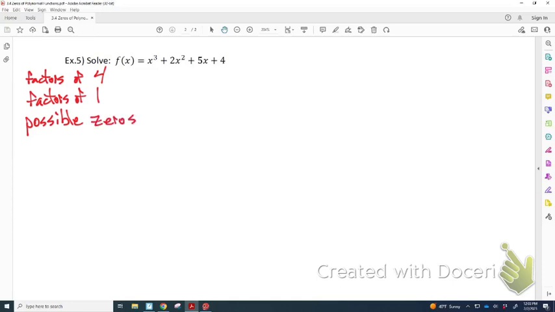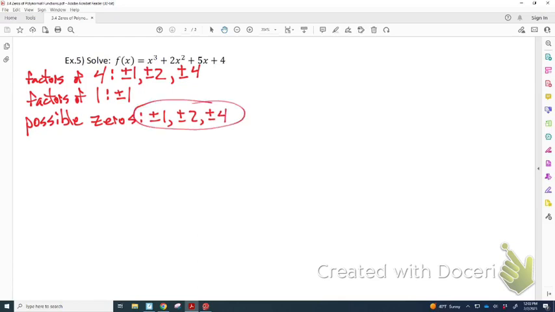So I do grade this part. We got plus minus 1, plus minus 2, and plus minus 4, over plus minus 1. And the possible zeros when I divide by 1 are plus minus 1, plus minus 2, plus minus 4. So that's one part that I grade.